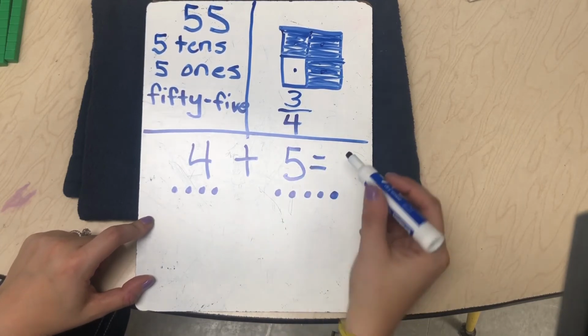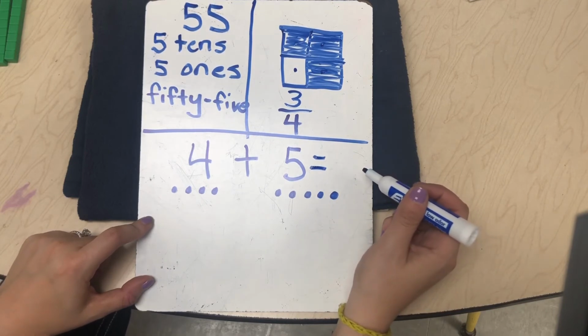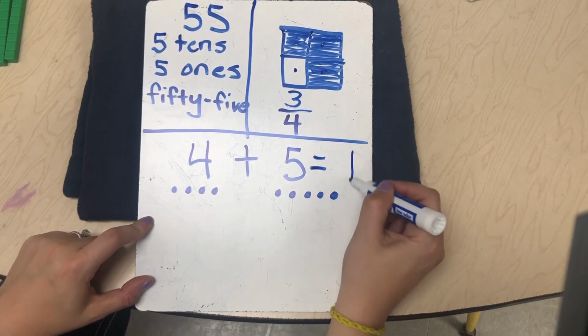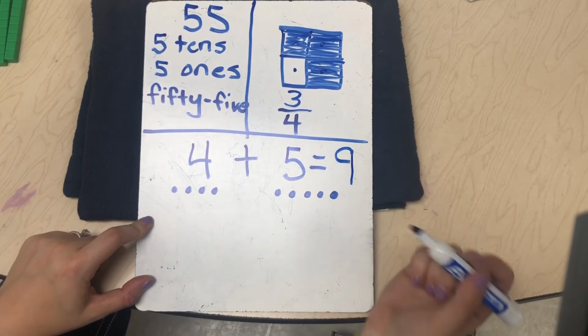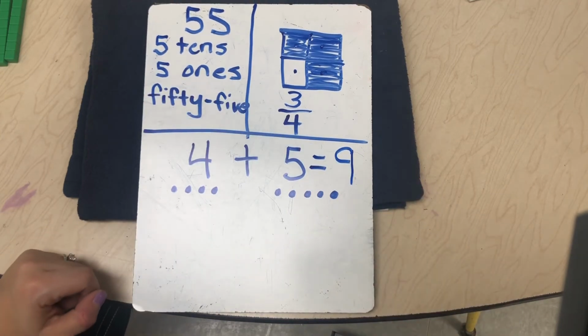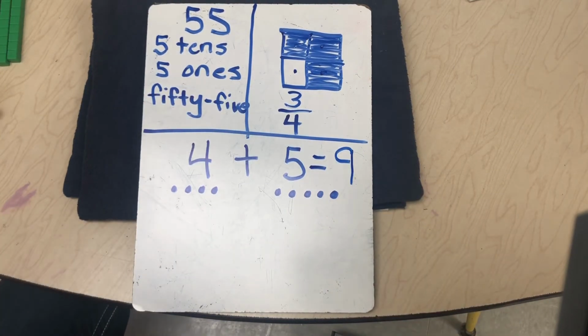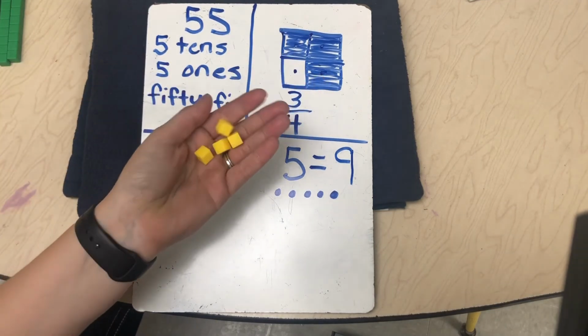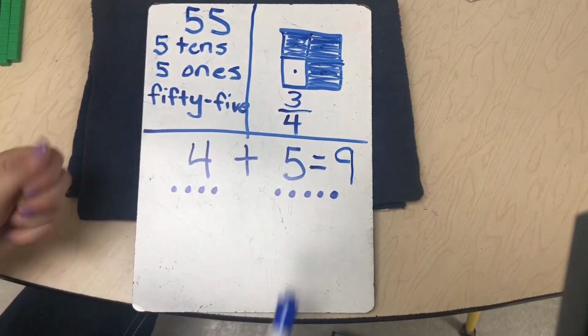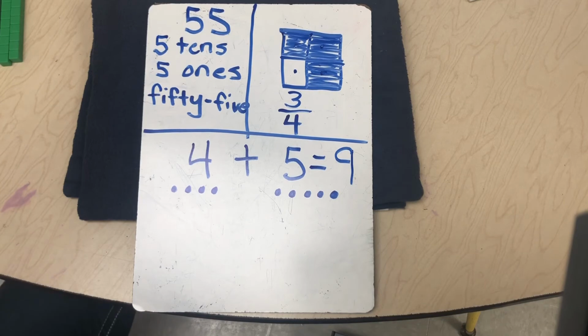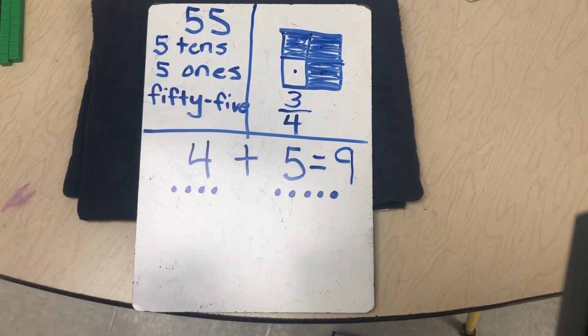So 4 plus 5 equals 9. You can also use manipulatives just like these, or toys, for representing those different numbers. So that is one way to do our math journal for day 3.